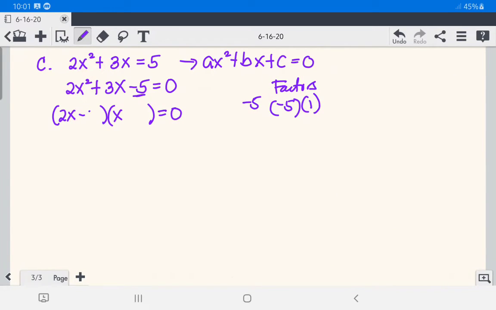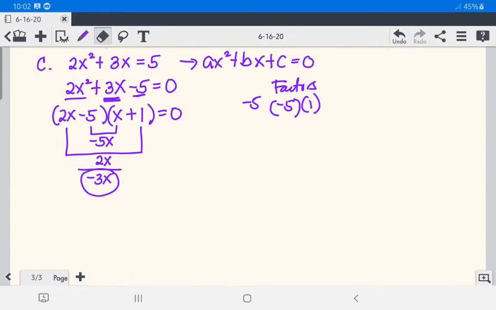Let's see if these are the factors of this trinomial. 2x times x, we have 2x squared, right? Then negative 5 times 1, we have negative 5. Now if we multiply, negative 5 times x, we have negative 5x. Then 2x times 1, that is 2x. If you add that, the result is negative 3x, which is not the middle term, positive 3x.